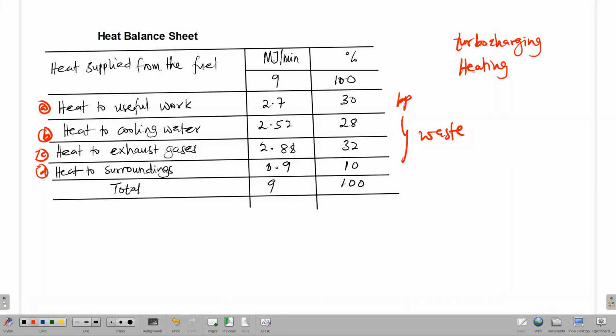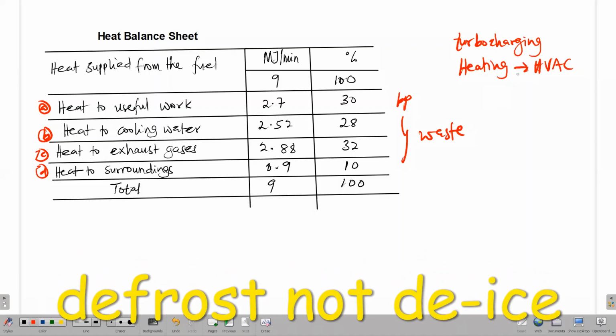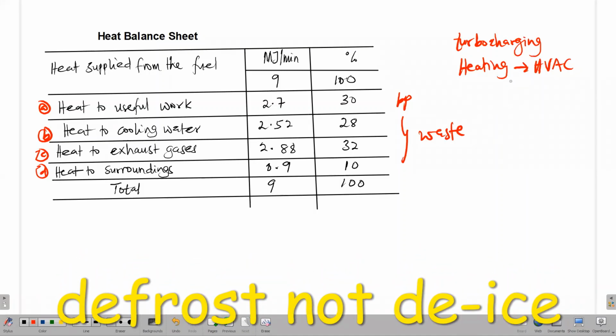in the cabin. So you remember in your HVAC studies, heating, ventilation, and air conditioning, that we can pass exhaust gas through some heat exchangers, which will allow you to receive some amount of heating. I mean, for temperate regions where there is snowing, you just want to use the heat energy to de-ice, so defrost your screens and mirrors.